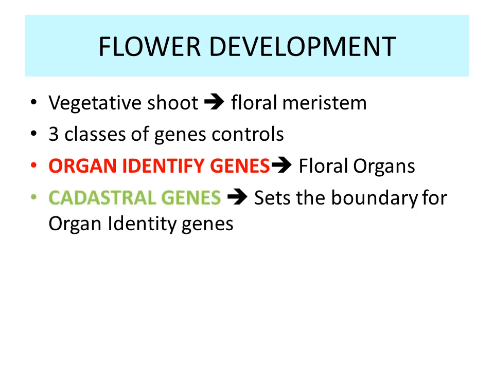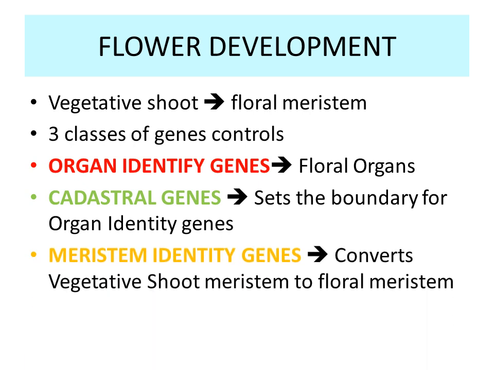Second is cadastral genes. They set the boundary for the organ identity genes, meaning they define which part of the flower will form where. Basically flowers are divided into four parts: sepals, petals, stamens and carpels. So the organ identity genes will give rise to either sepals or petals, whatever it is.